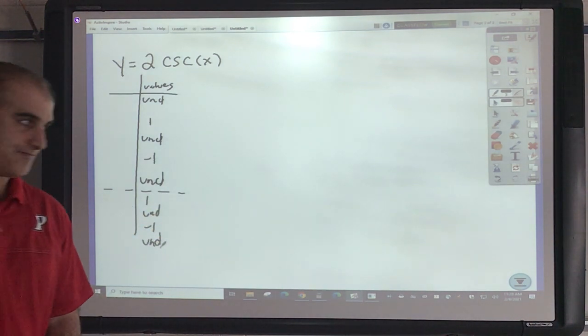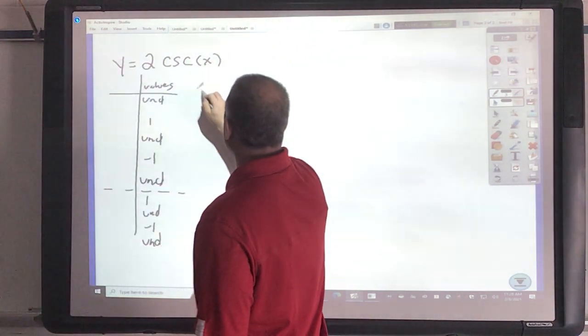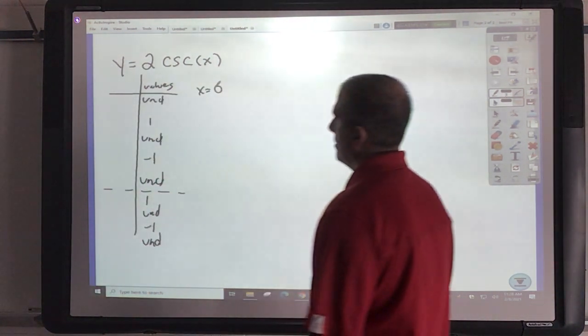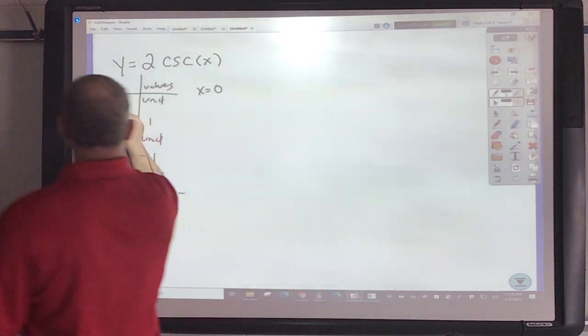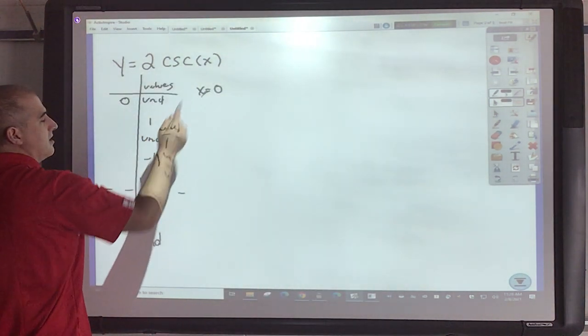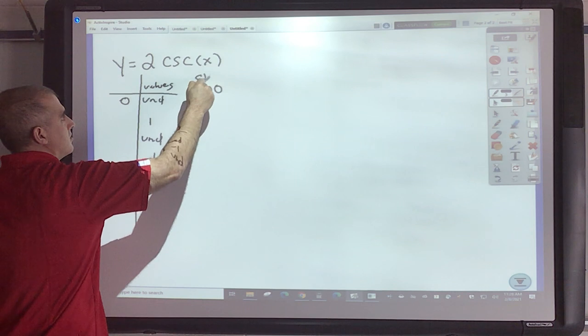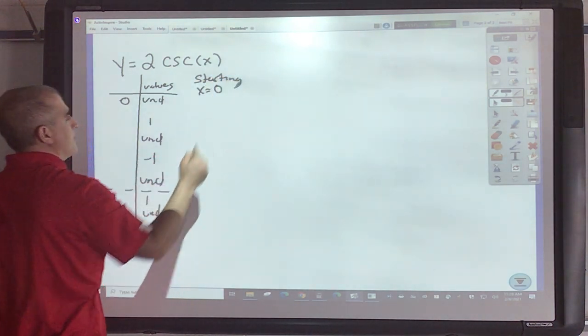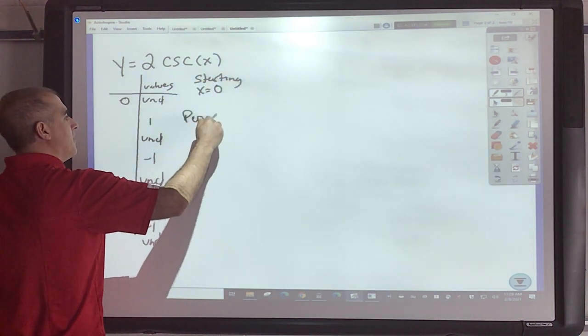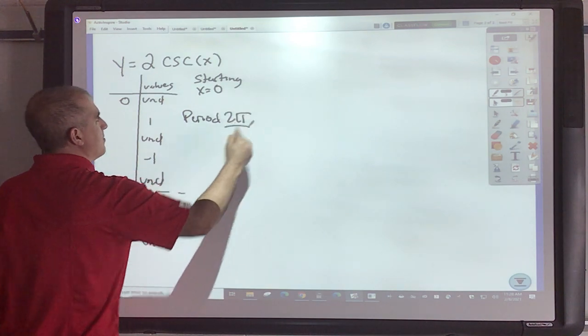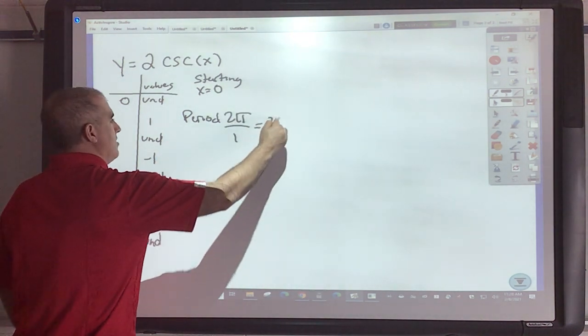Now, our angle is set equal to 0. So let's do 0 to start. That's going to be my starting angle. Then I want to find the period. The period of the function is still 2 pi divided by the number in front of x, which would be 1.